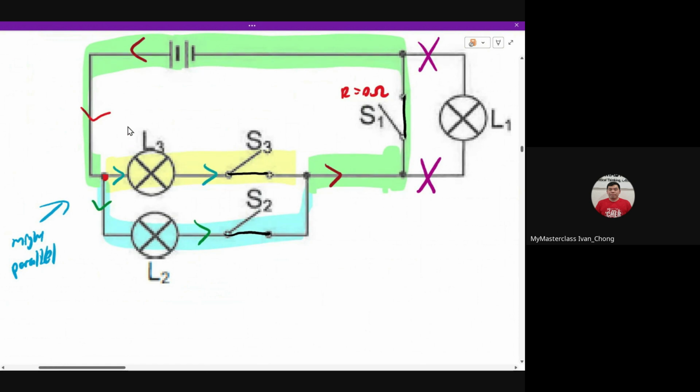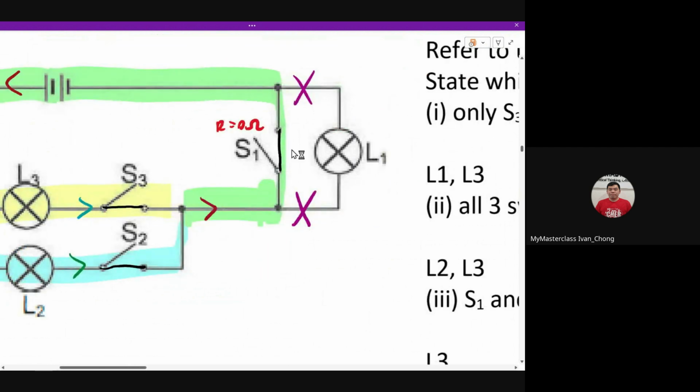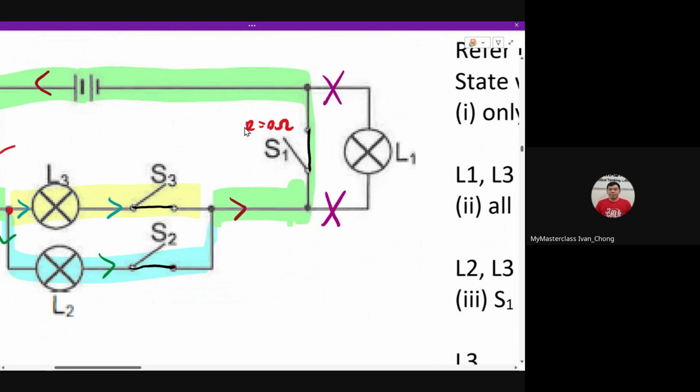So for your current, your current doesn't just choose only one path, because you can see these two are parallel, right? And you see S1 and L1, they are parallel as well. But because this one in particular is 0 ohms, then you can have a short circuit. So a short circuit happens if and only if you have a path of 0 resistance.